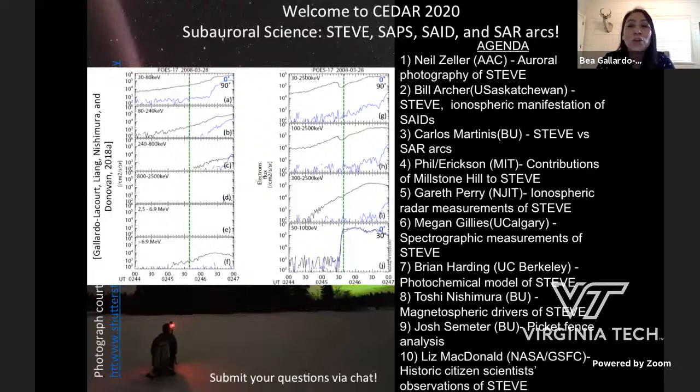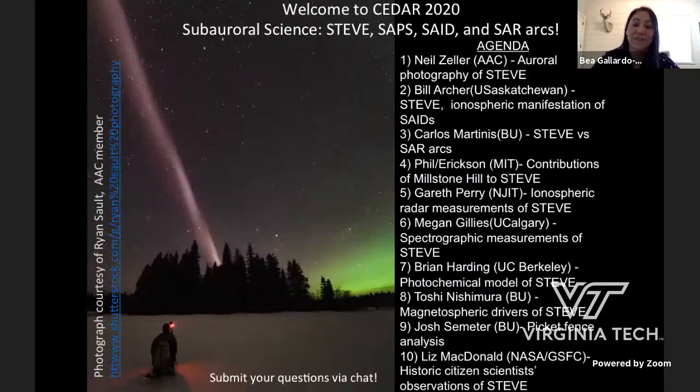And then Toshi will also talk about magnetospheric drivers of Steve and probably a little bit of the picket fence. Closer to the end, Josh Semeter will tell us more about this picket fence structure that is usually observed. It's a secondary structure that is usually observed together with Steve. And then last but not least, we have Liz McDonald telling us about historic citizen scientist observations of Steve.